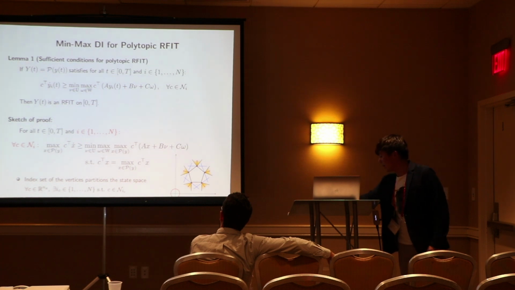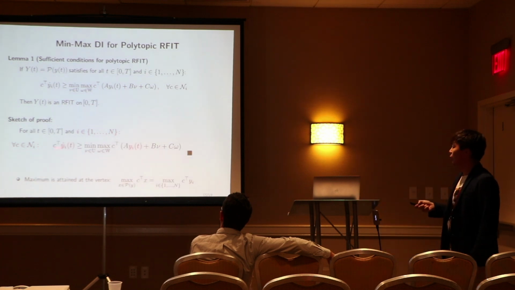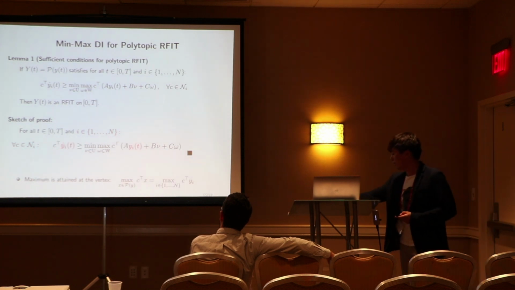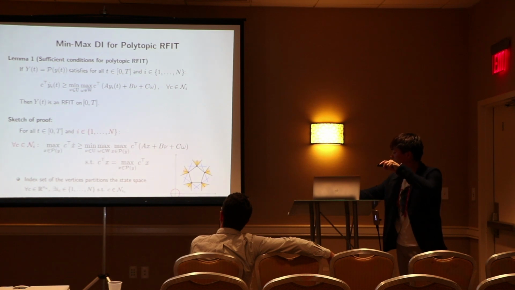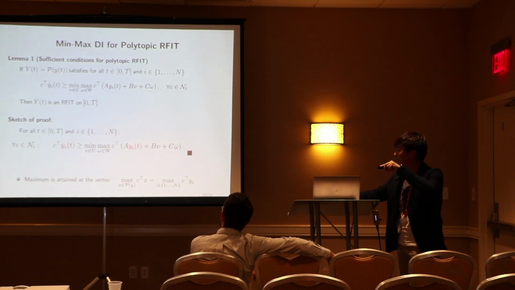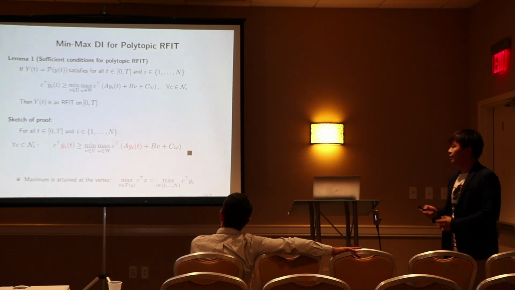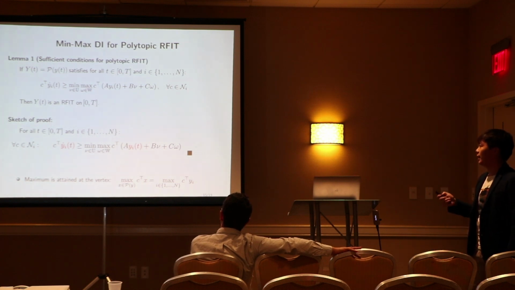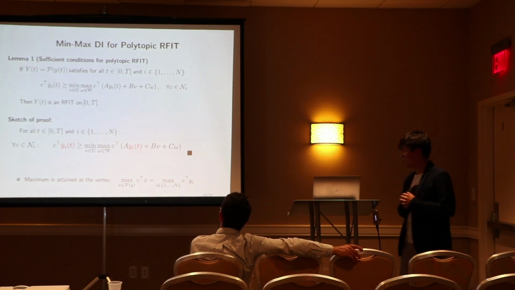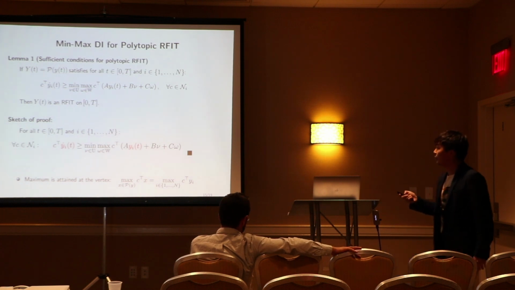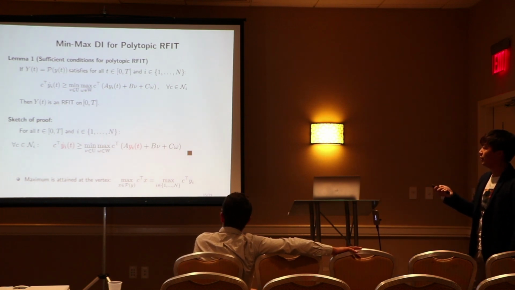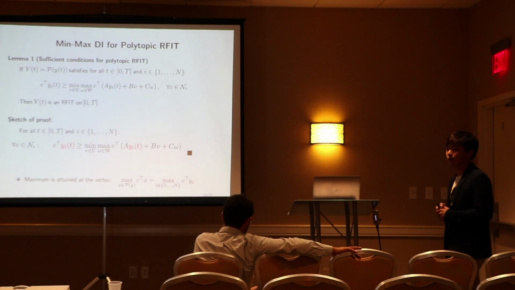So because of these additional constraints on c, we can simply reduce this inner max problem to the associated vertex point. And you can see that this is exactly the same as what we have in the lemma, and this completes the proof. But unfortunately, this lemma still involves nasty min-max differential inequalities.